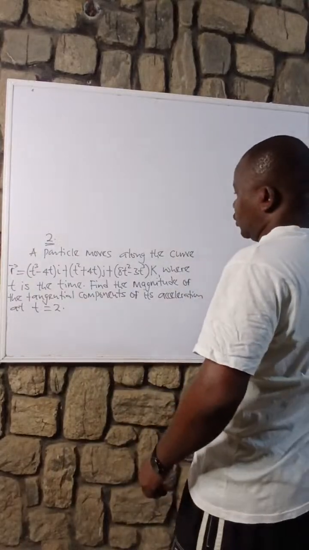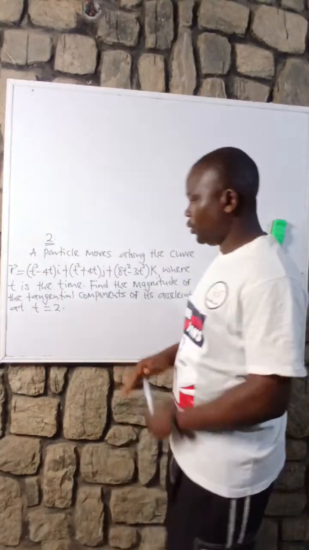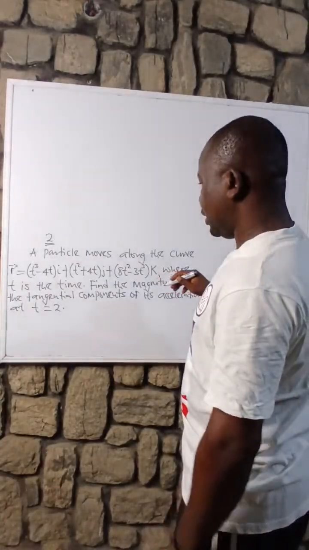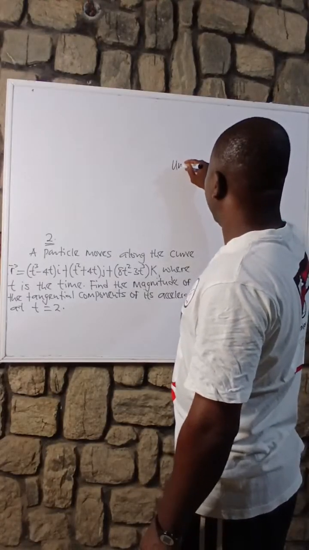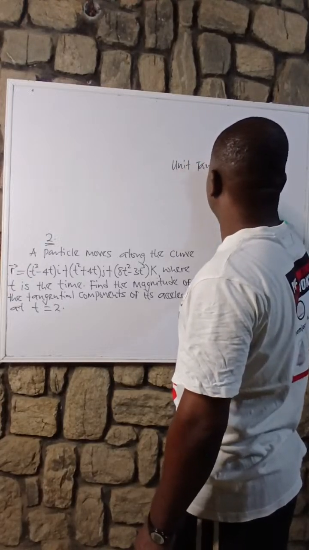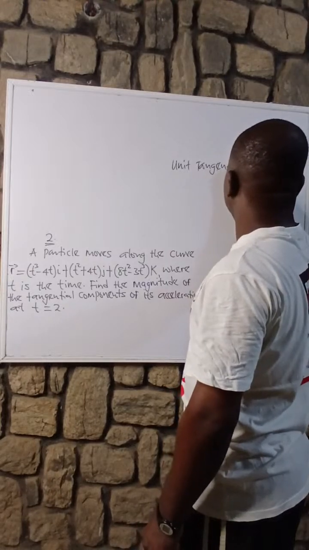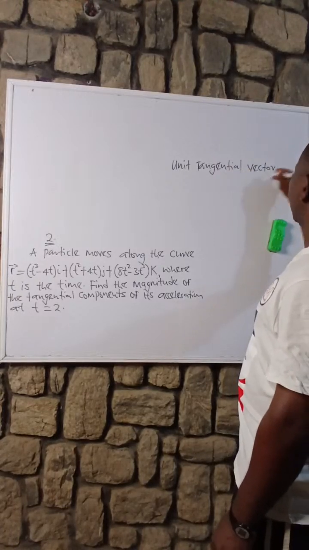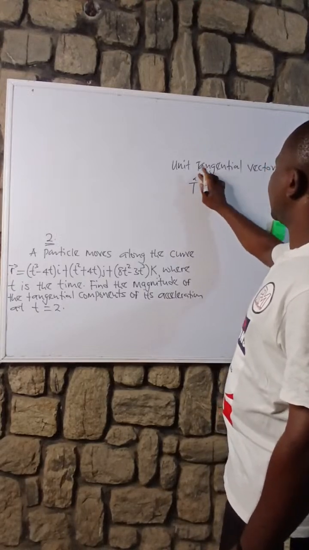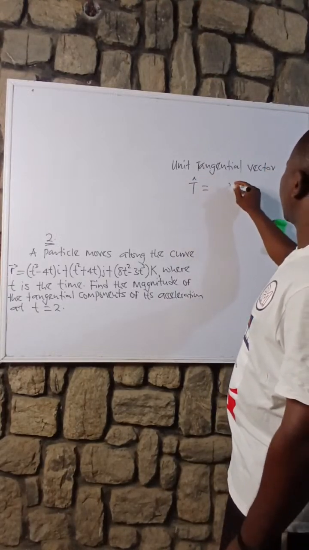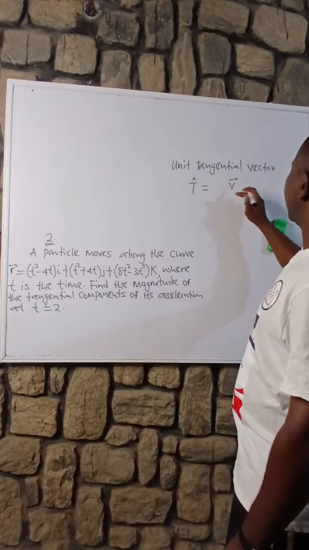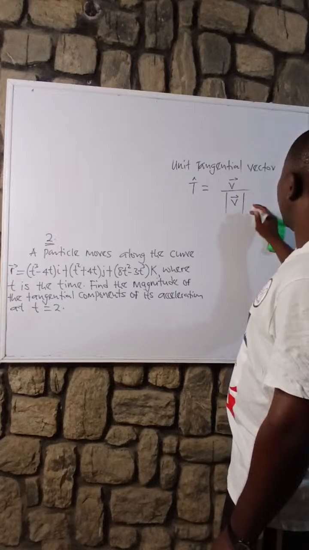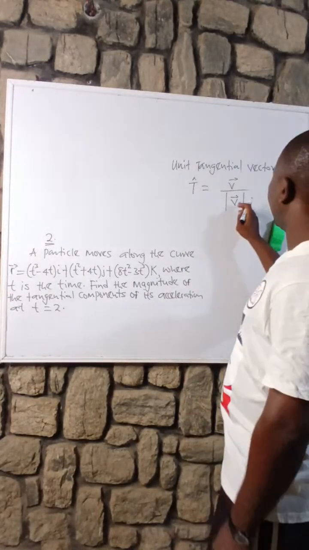Before I move further to solve this in detail, here we need to consider the unit tangential vector. We name it T, and this is equal to vector v, that is velocity, over the magnitude or modulus of vector v.